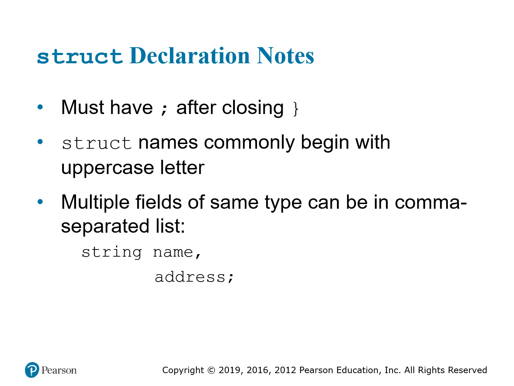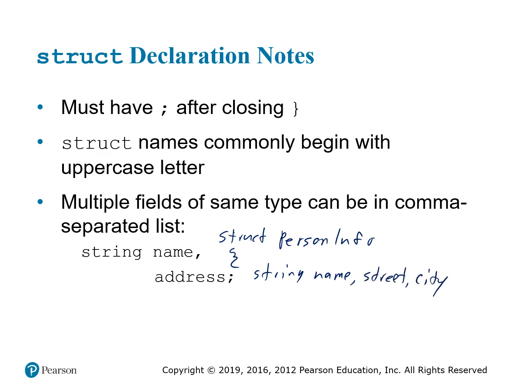So I can say struct PersonInfo has string name, street, city, int zip code. Okay. And then I have a semicolon.